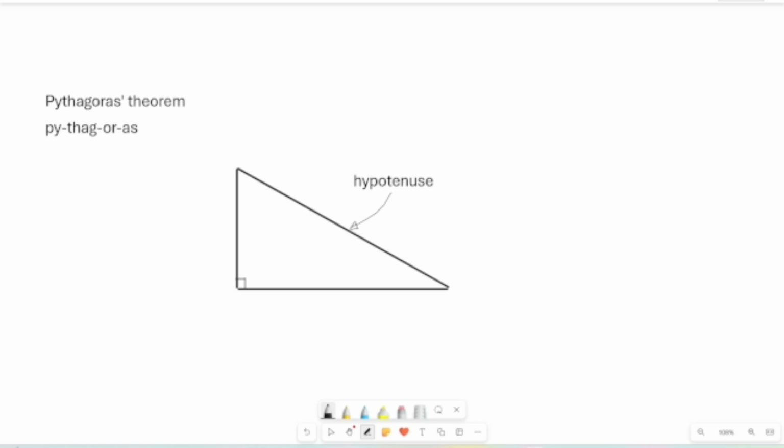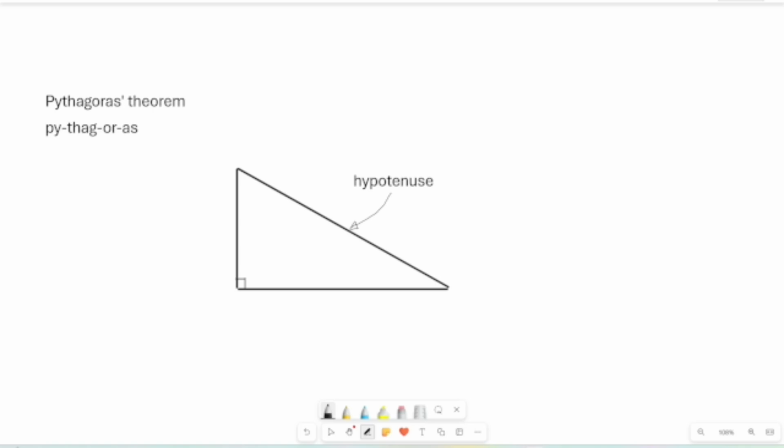If you can't remember the spelling, do try at least to remember the name, hypotenuse, the longest side in a right-angled triangle. And the reason for drawing attention to that is that Pythagoras' theorem states that the square of the hypotenuse is equal to the sum of the squares of the other two sides.